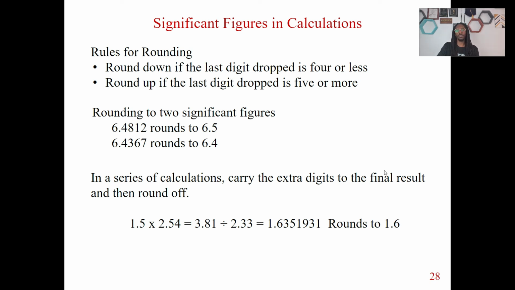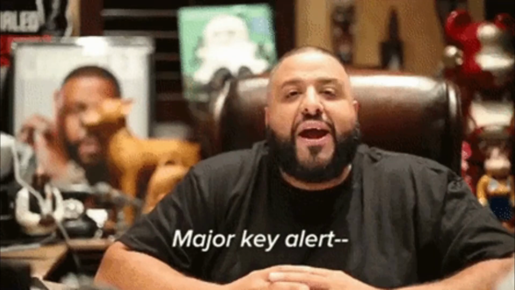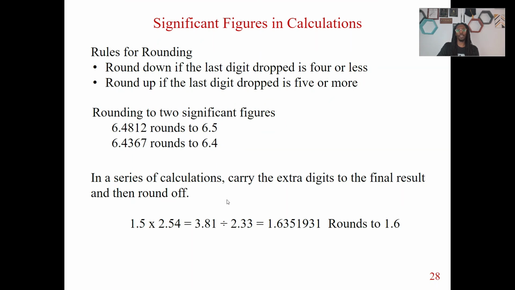Now here's the biggest tip I could tell you for sig figs. Anytime you have any type of calculations, what I find easiest is to just carry all the extra digits over to the final result, then you round it.